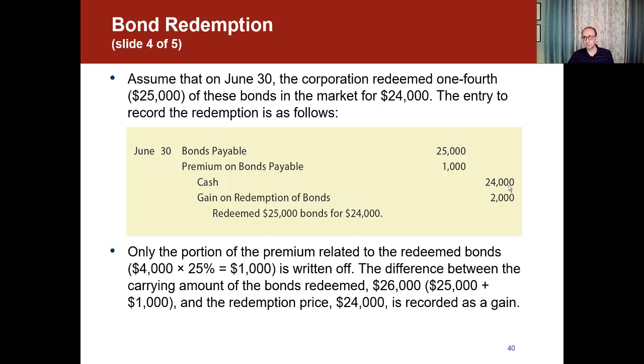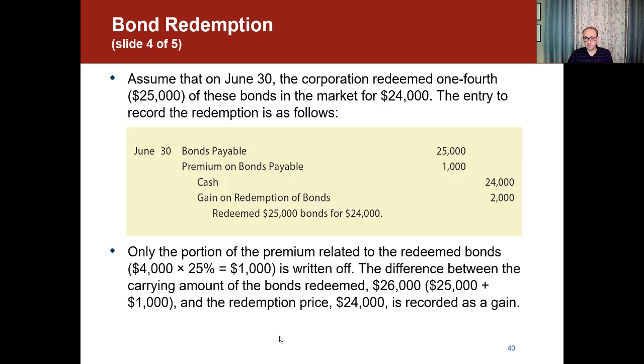So it's not balanced. To balance it, we're going to record on the credit side $2,000, and that's going to be a gain on redemption of bond. And it makes sense because we acquired something that has a value of $26,000 and we only paid $24,000. So there's a $2,000 gain.